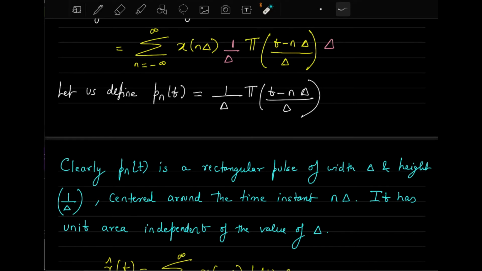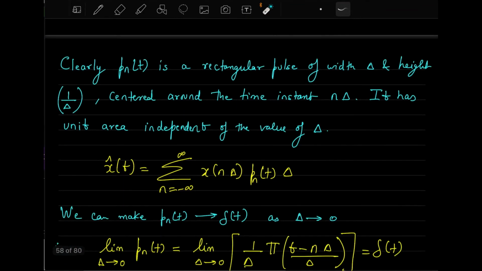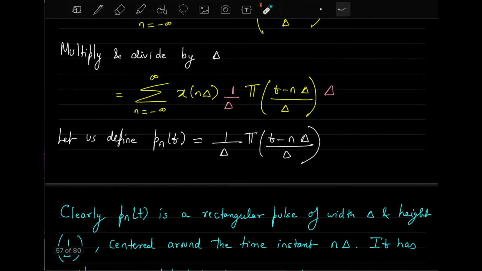Now once you define p_n(t) as this thing, you can substitute it in this expression. What you get here is x tilde t, or x hat t, which we are trying to approximate towards x(t). This is the extra factor which we are writing in replacement of this factor.